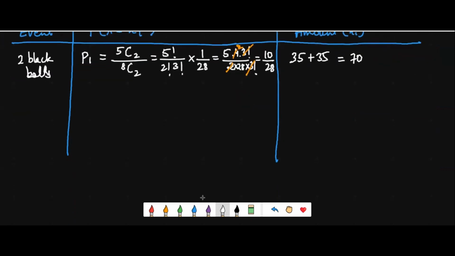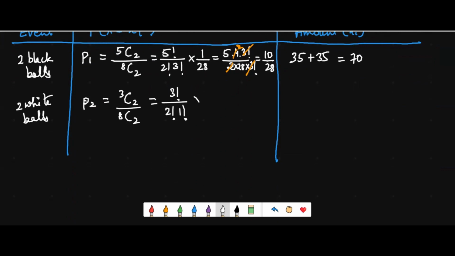Now, if I'll be taking two white balls, let me denote it by P2. The white balls that I have are 3, so 3C2 upon 8C2 on a similar basis. 8C2 I have already calculated above, so that's why I have directly written 1 upon 28.